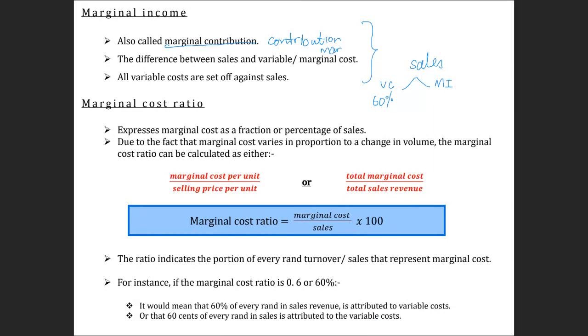So the contribution margin is now saying to us that once we have looked at our total sales and we have subtracted all of the variable costs, whatever remains is now the actual income or profit that we have made. So here, your marginal income is then the difference between your sales and your marginal or variable cost. So once we've removed all of the marginal or variable costs, whatever remains is referred to as your marginal income.